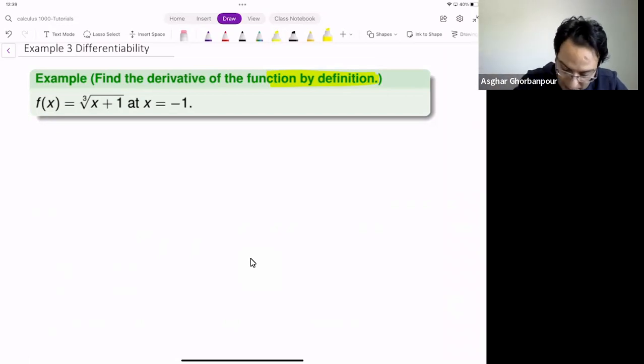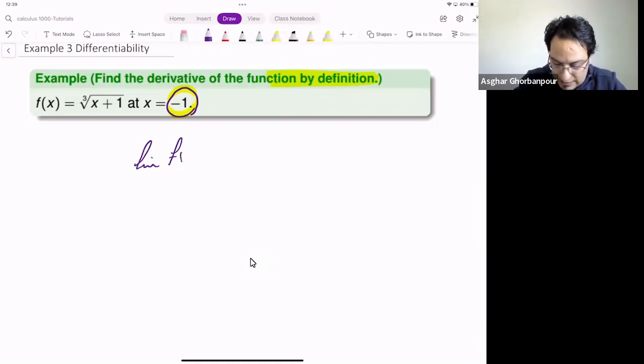What limit? In this case, a is this guy here, -1. So we are trying to find the limit of f of a plus h minus f at a over h as h goes to 0.